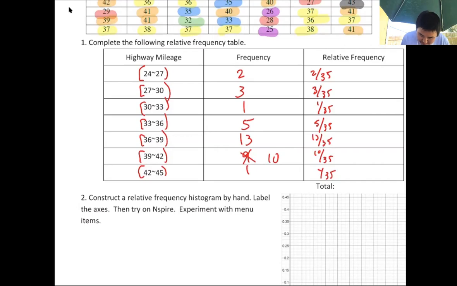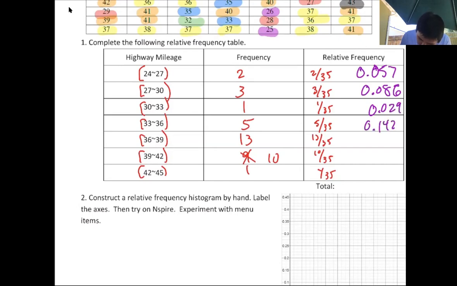So 0.057, 0.086, 0.029, 0.143, 0.286, 0.371, and then 0.029.